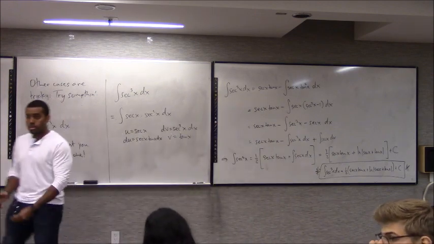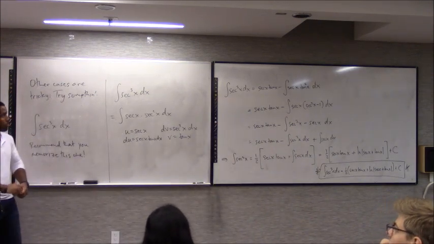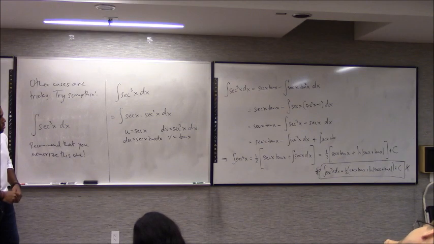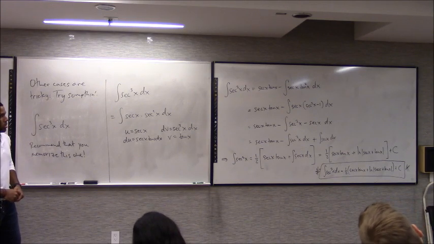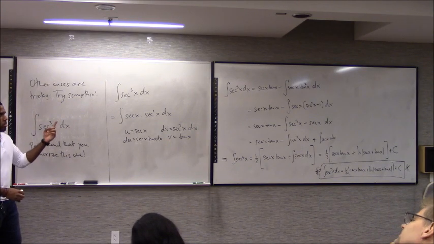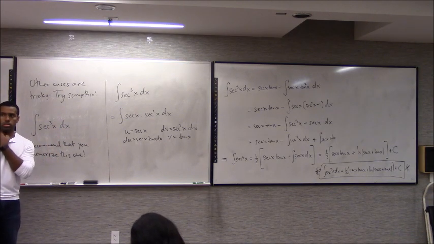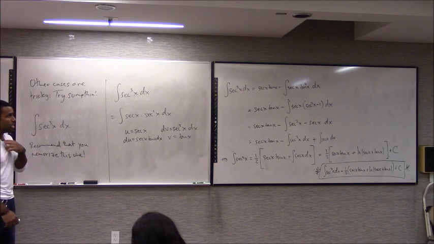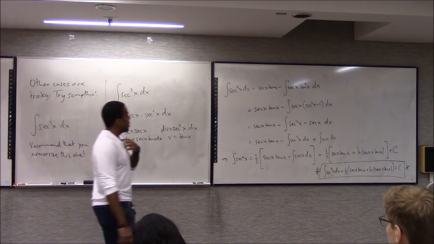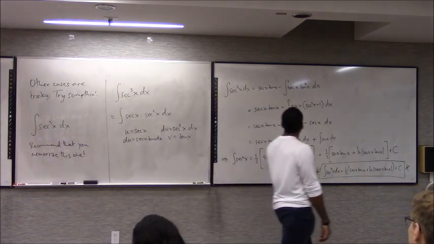Would this have worked with the tabular method? Because wouldn't you end up getting back to the same part? Yeah, like I said, whenever integration by parts works, the tabular method also always works. It can always work in all cases.